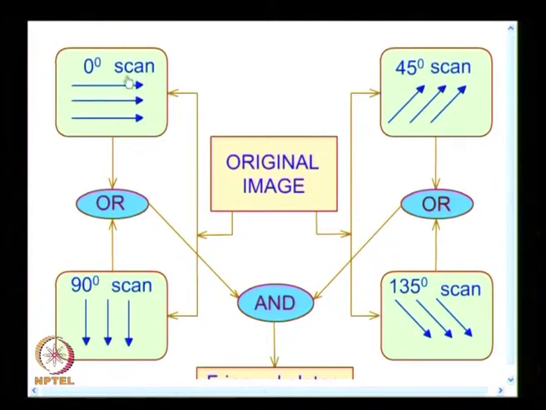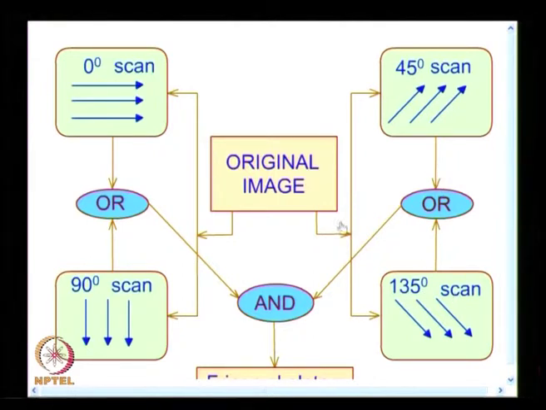We have looked at fringes which are vertical. This scan alone can provide you the complete skeleton when the fringes are vertical. On the other hand, when I have fringes which are horizontal, a 90-degree scan alone can provide you the fringe skeleton, but in a generic image what we have found was I need to have a 0-degree scan, I need to have a 90-degree scan, I need to have a 45-degree scan as well as a 135-degree scan.